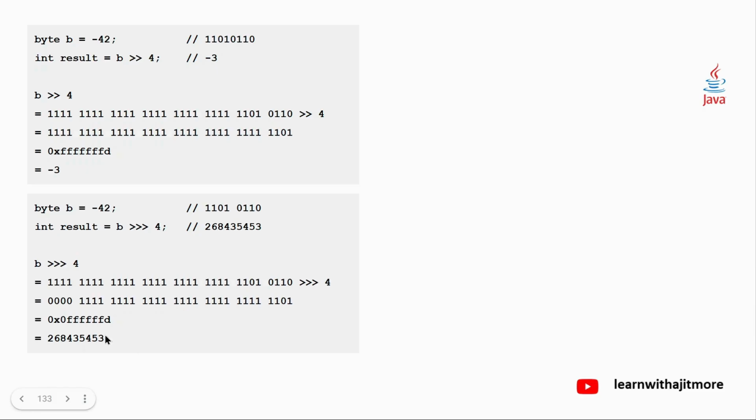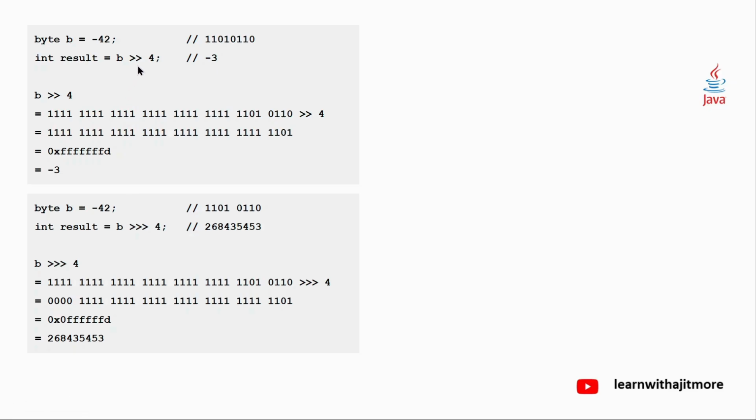Then one more example. Let's see. In this now I'm using >>>, guys. The same example, only >>>. So as it is >>>, what will always come in the MSB? 0 as a sign bit. Always 0. Because this is 0 fill right shift.